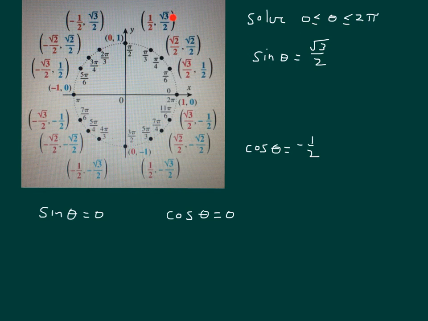This one is associated with pi over 3. So one of my solutions is theta equals pi over 3. The other one, over here, happens to be at 2 pi over 3. So I would say pi over 3 and 2 pi over 3.